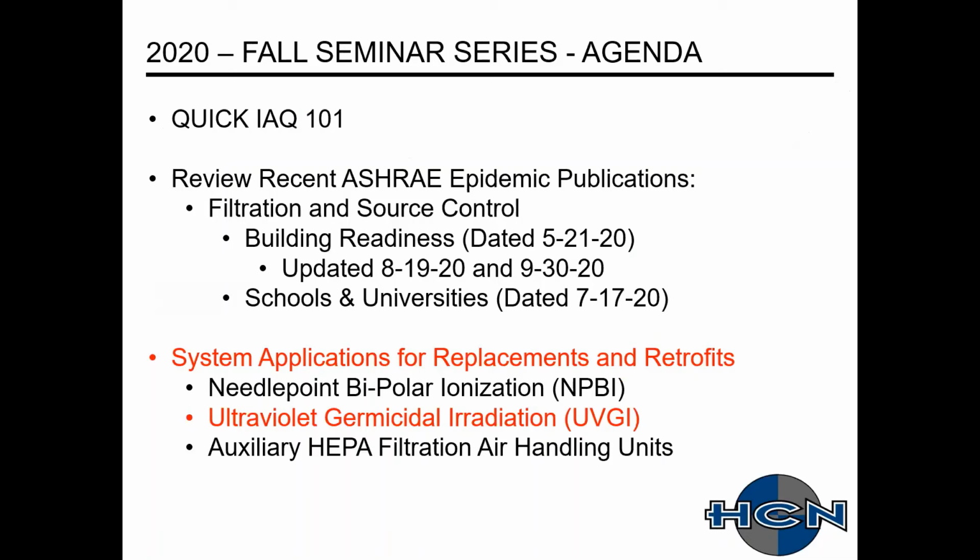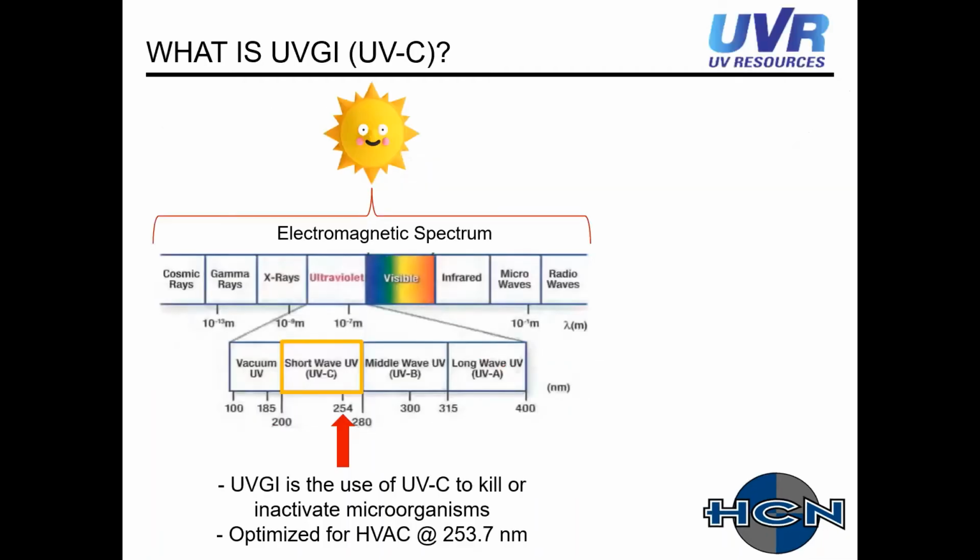Let's switch to UVC lights. Once again, we're going to emphasize system applications, as mentioned in the ASHRAE publications. All right. So UVGI is synonymous with UVC. Just basically 101. Once again, you have a happy little sun there that's creating your electromagnetic spectrum. In the center there, you have ultraviolet light.